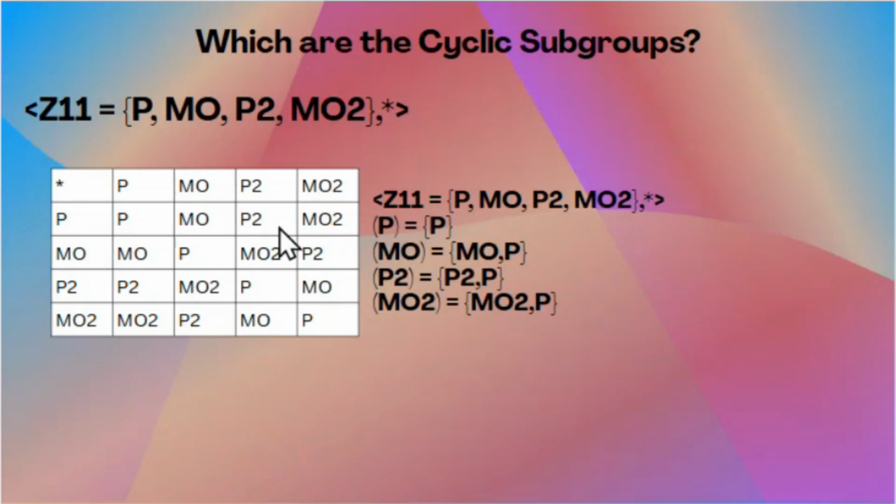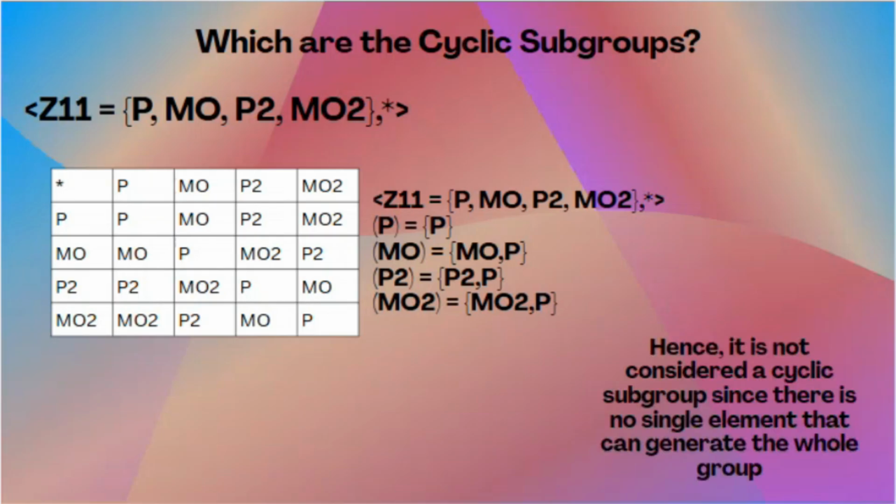So P star P is P, MO star MO is P. Next one, P2 star P2 is P. Next one, MO2 star MO2 is P. So there is no single element that generates the whole group. Therefore, we can conclude that it's not a cyclic subgroup.